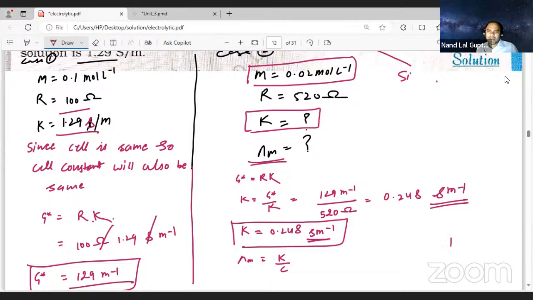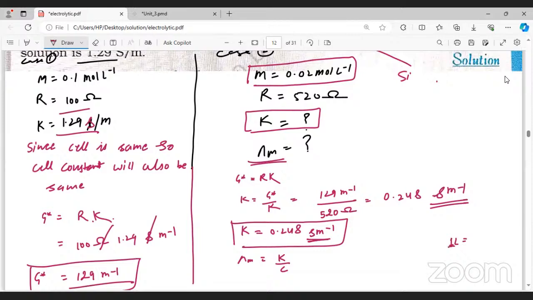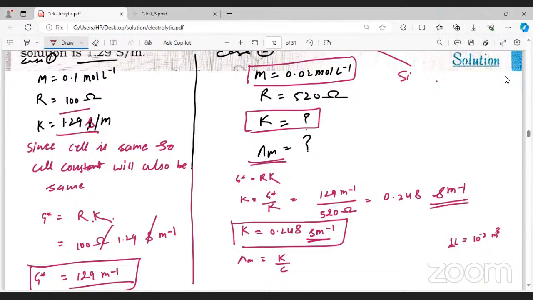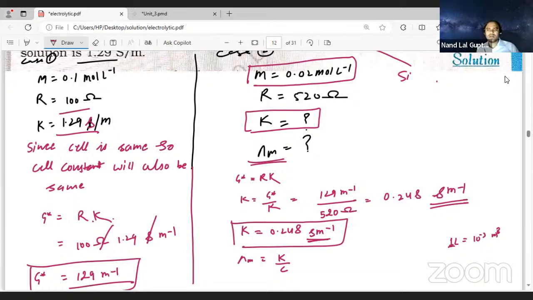So if I ask you, 1 liter is equal to how many meter cube? Can you tell me? 10 power minus 3 meter cube. Yes, 10 power minus 3 meter cube is 1 liter.